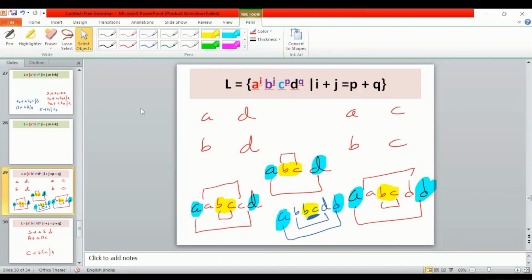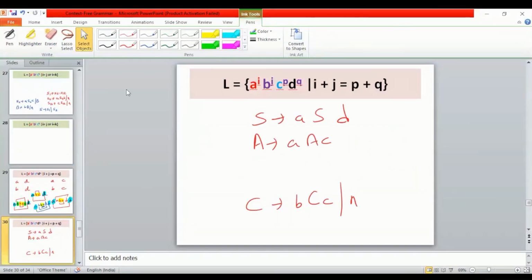As you can see here, you are generating A and C, but still inside it you can generate B and C. It is a valid combination. So because still B and C is a valid combination, which is generated from capital C, we'll write the alternative as capital C here.